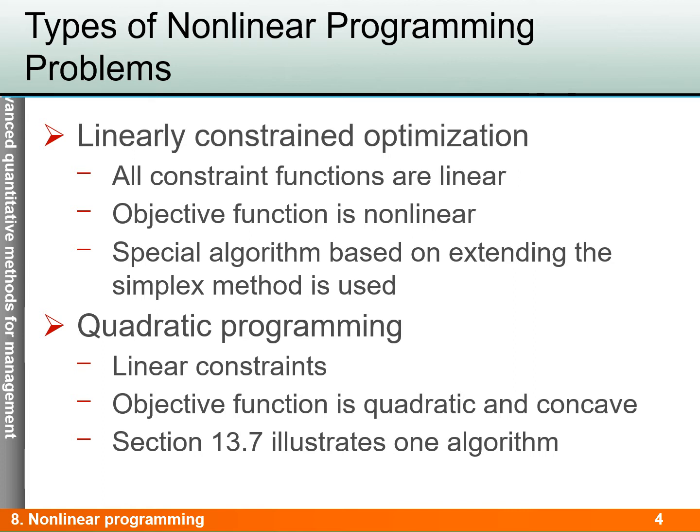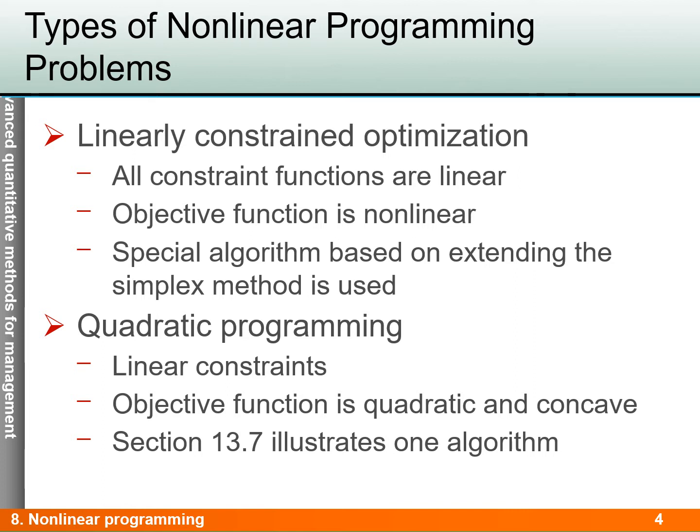Obviously, as you remember in graphical solution, when we had all the constraints as linear and the objective function nonlinear, the curves that enter the feasible region are exactly the same type of example. A number of special algorithms based upon expanding the simplex method to consider the nonlinear objective function have been developed.